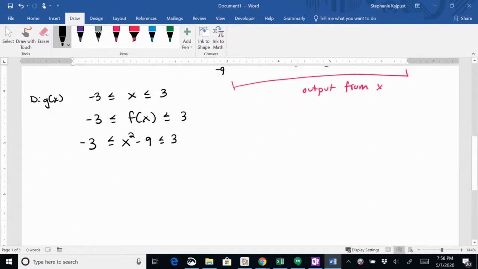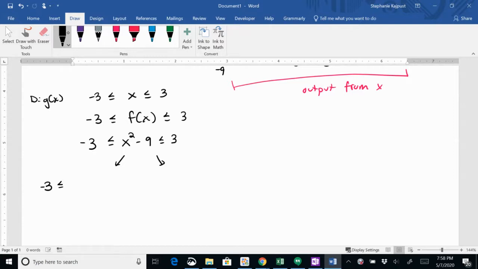So this is a type of thing that we have not solved. We have not solved inequalities in this form where you have things on both sides. So this is something new. When you have compound inequalities like this and it's an x squared, we've only done these with linear.